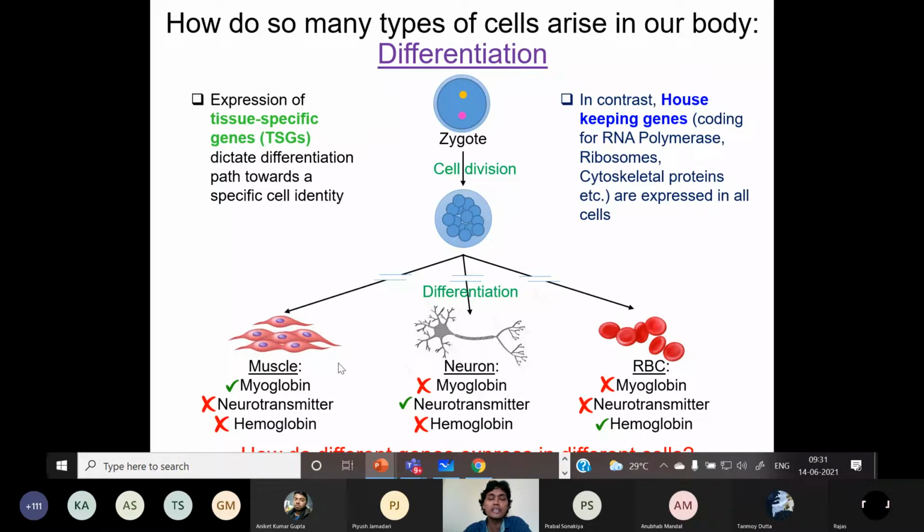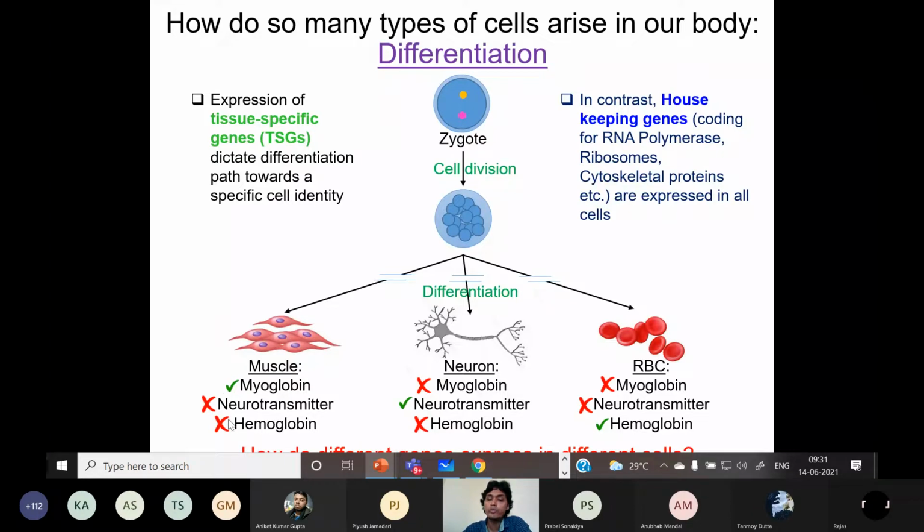In muscle cells, the genes responsible to make myoglobin, neurotransmitter and hemoglobin are three different genes. For example, hemoglobins are proteins, they are coming from some gene. Neurotransmitter can be protein, can be something else also, so they are also coming from some genes.